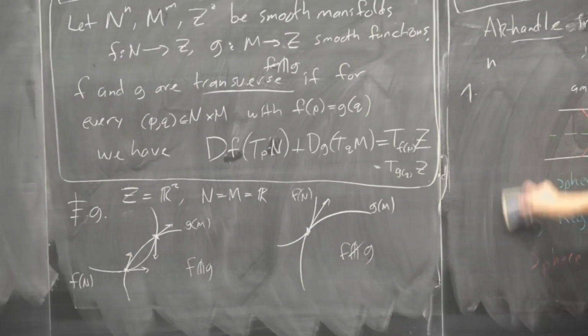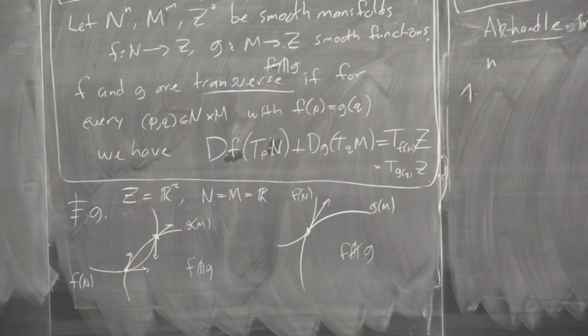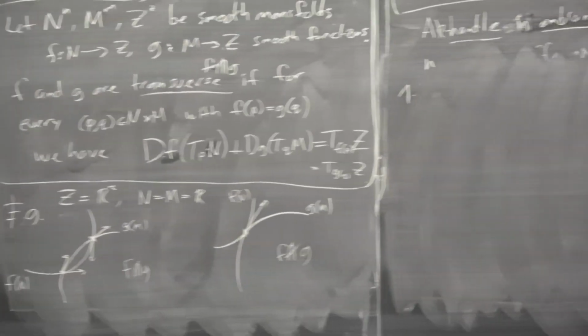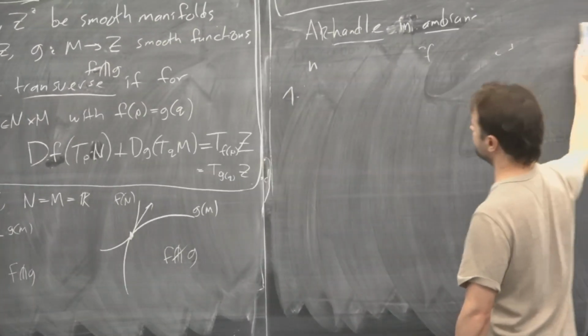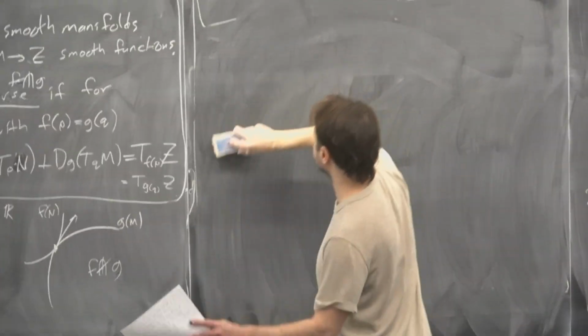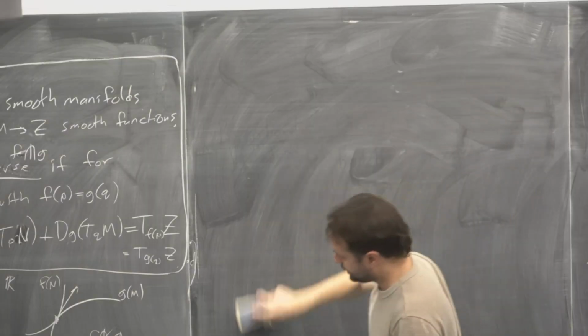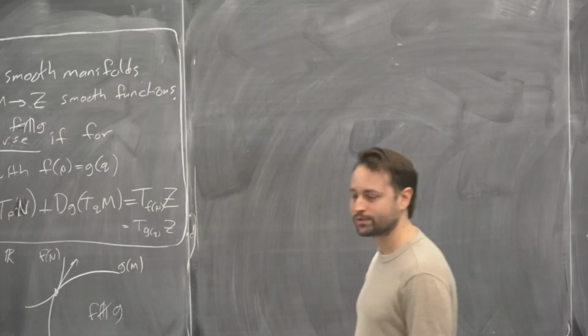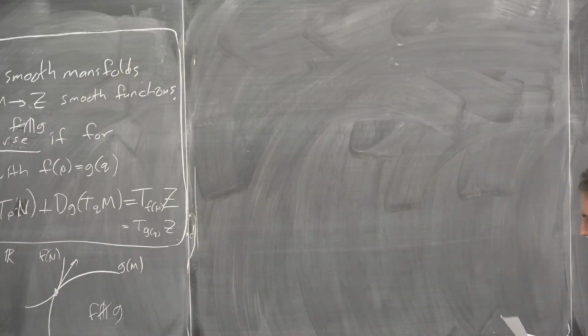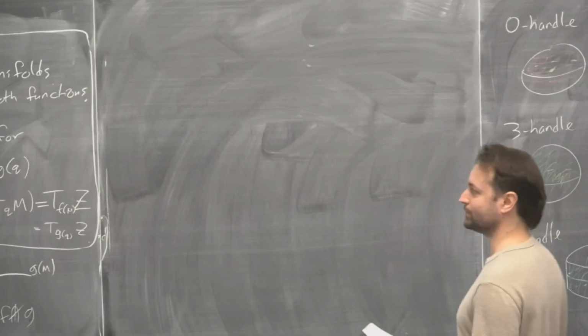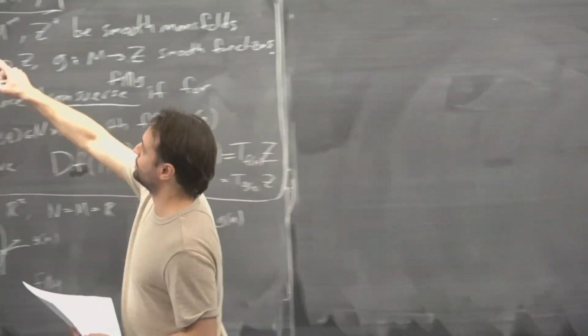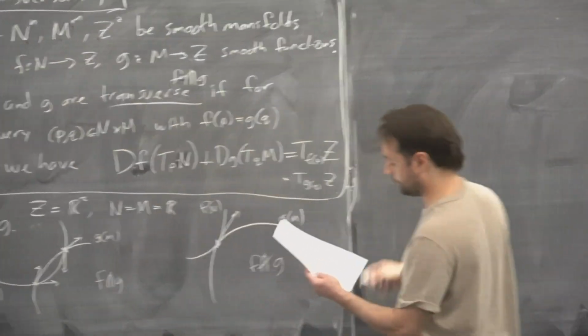So what? Okay, good question. It turns out, if we have two functions intersecting transversely, or two submanifolds that are intersecting transversely, the intersection is also a submanifold. And the dimension of the submanifold is computable out of the three dimensions that you start with.